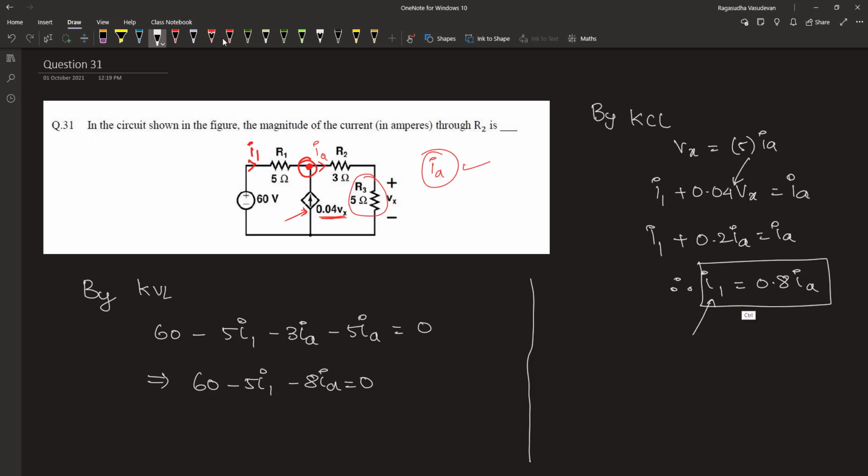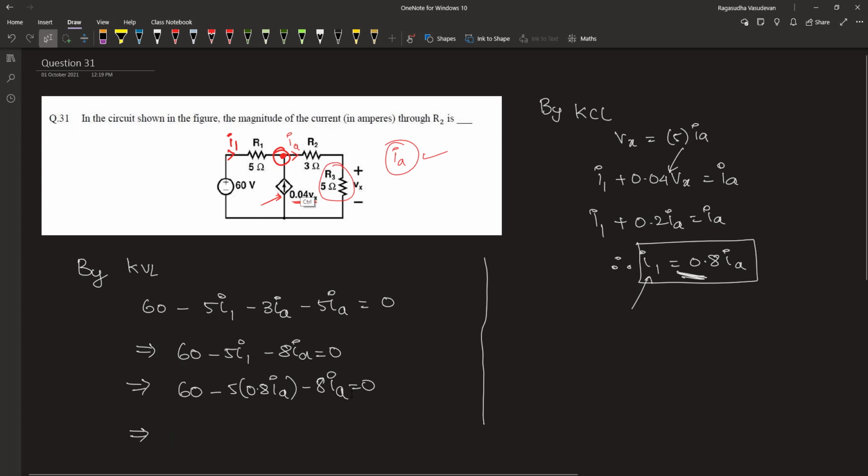We know that I1 is 0.8 Ia. Therefore, 60 minus 5 into 0.8 Ia minus 8 Ia is equal to 0. This implies that 60 is equal to 12 Ia and therefore the value of Ia is equal to 5 ampere.